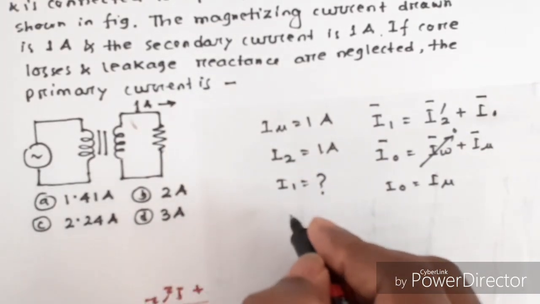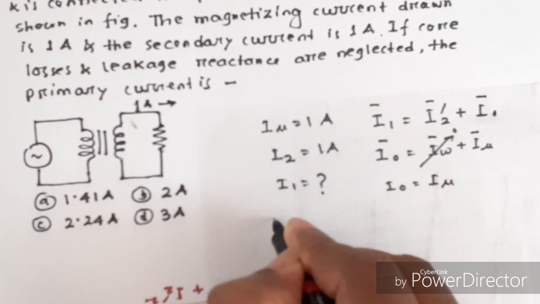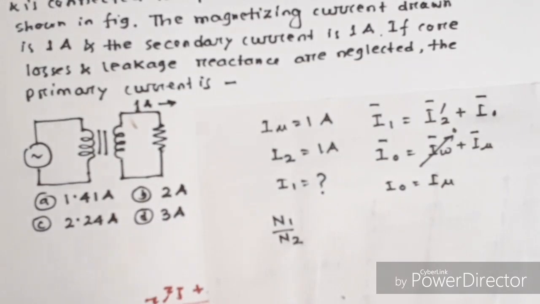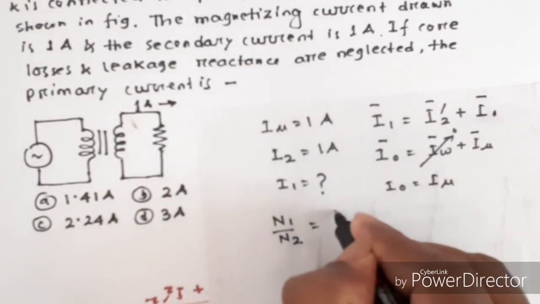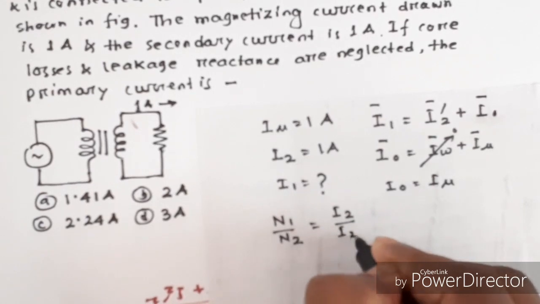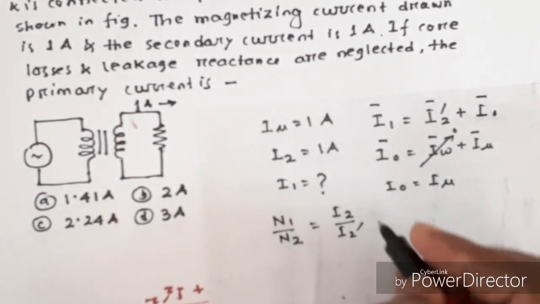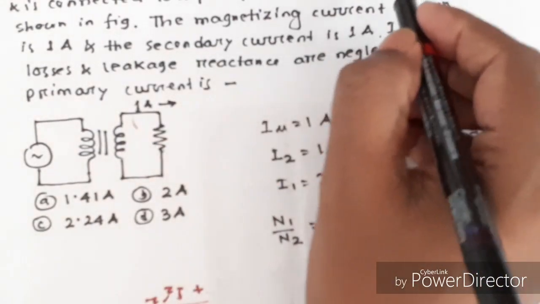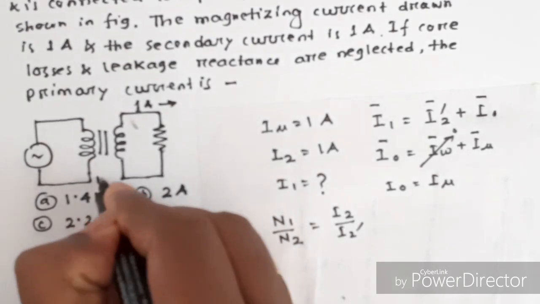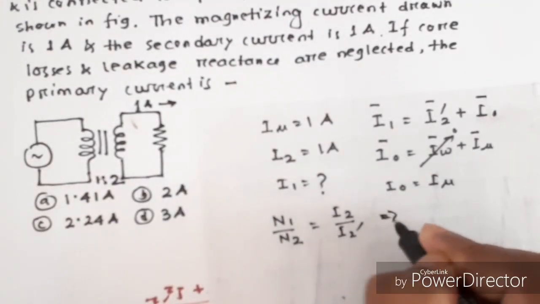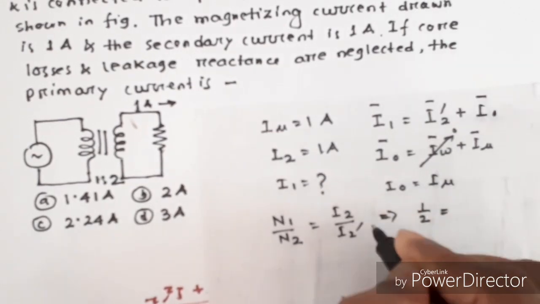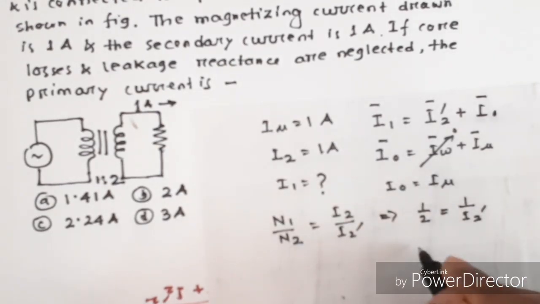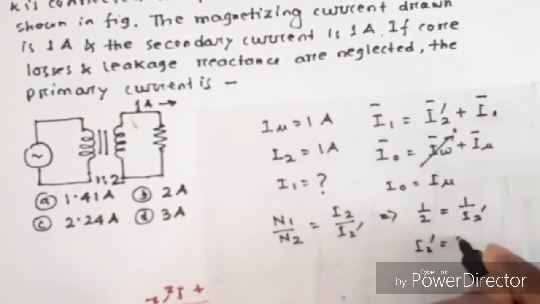Now we have derived the relation N1 by N2 equal to I2 by I2 dash. Here the turns ratio is 1:2, so you can write 1 by 2, and I2 is 1, so I2 dash equals 2.